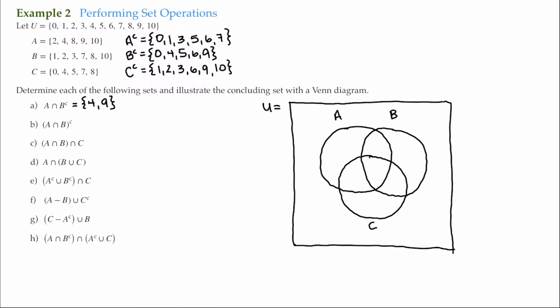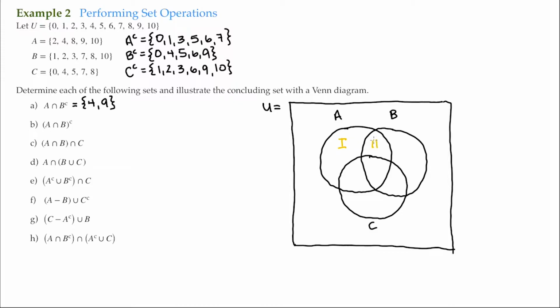Now what has happened when we make this Venn diagram with 3 intersecting sets is it creates these regions. We have a region right here. I'm going to label it as region 1. We have a region right here.